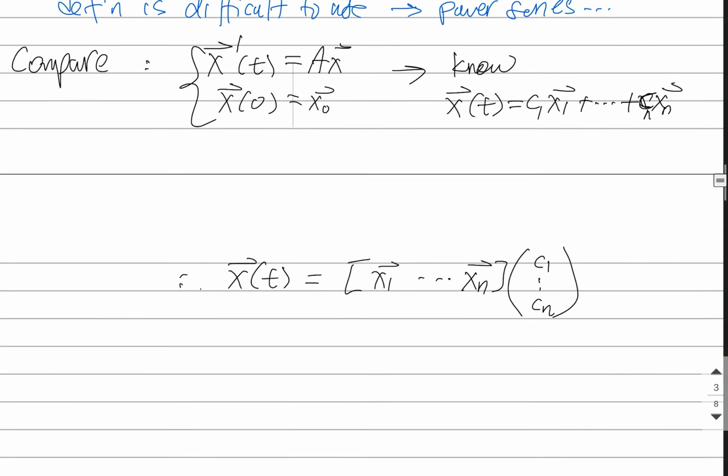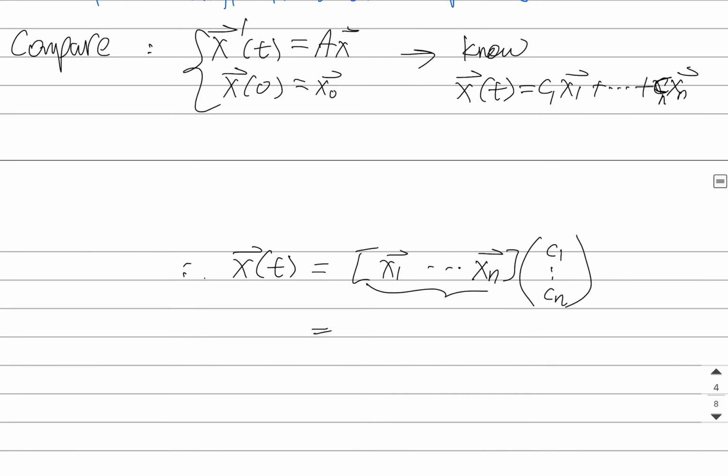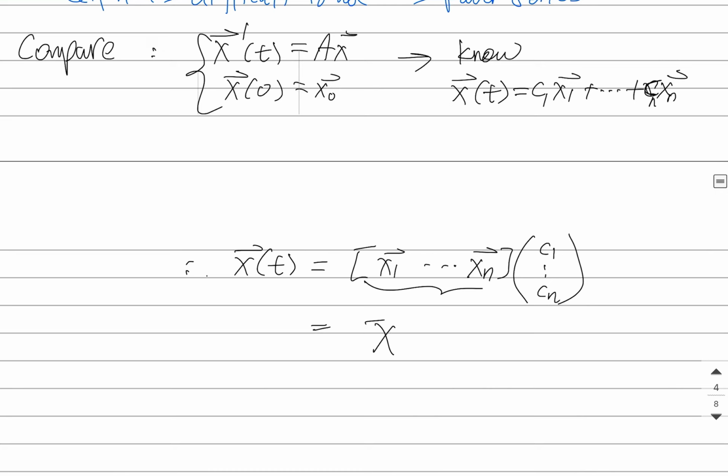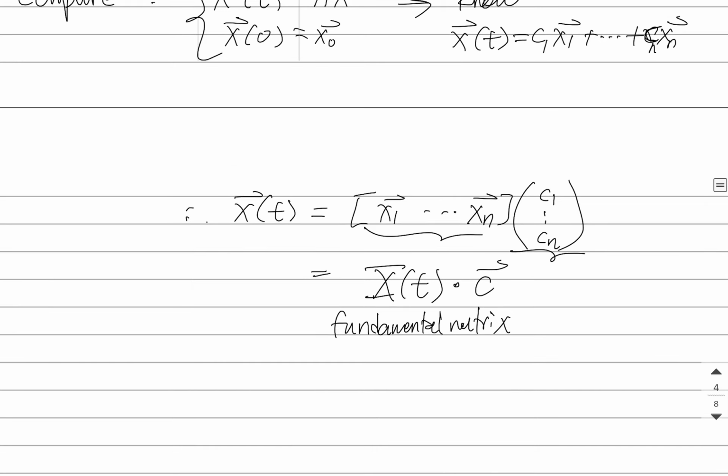And that means we can define this thing here to be a capital X of t. This is going to be something called the fundamental matrix, because it's a matrix that holds all the fundamental solutions. And this will be a constant vector. So we'll have this X of t times c.